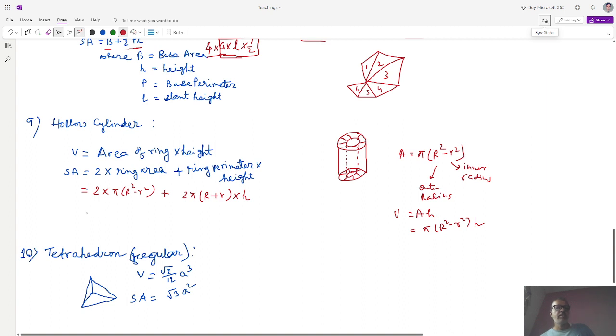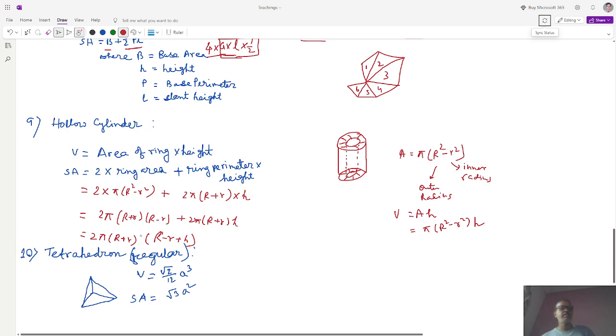So, all total, the surface area of a hollow cylinder will be 2π(R + r)(R − r) + 2π(R + r)h, equals 2π(R + r) taken as common, and we'll get (R − r + h).